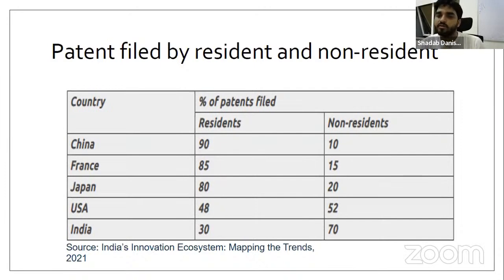Second, in R&D the government is doing more, the private sector is not. Third, if we correct those two things, automatically the third will be corrected, where residents will be able to produce more and more innovation compared to the non-residents who are filing. It's not only about patents, but also about the innovation effort.